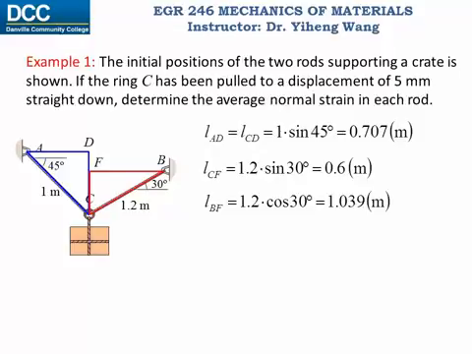Therefore, the length AD and the length BF would not change. But the ring has moved to a new position C prime, which is 5 mm straight down from the original position.